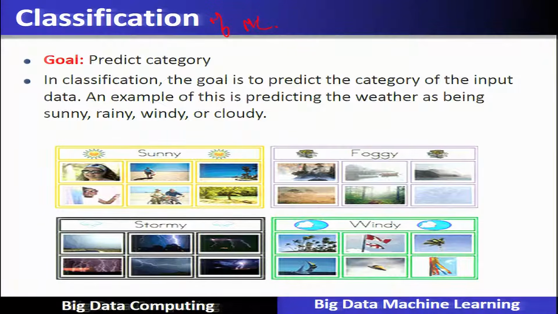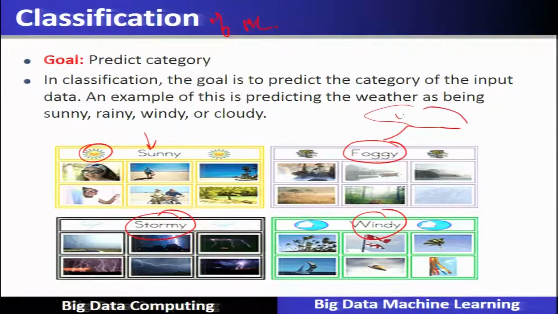The weather condition can be sunny, foggy, windy, or stormy. Given this weather input, if you can classify it into different categories, then it is called a classification problem.